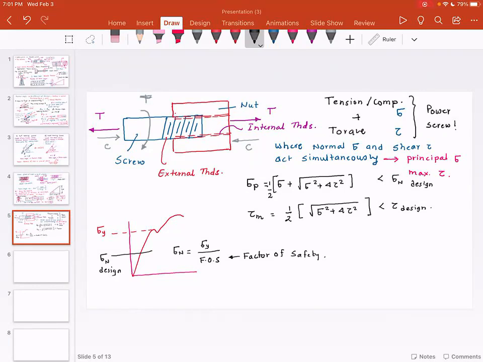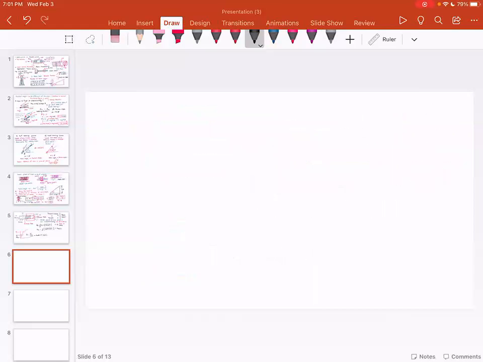So this is the basic theory and analysis for the power screw. Now I'm going to give you a recipe for design of a turnbuckle. So let's look at the design process for the turnbuckle.